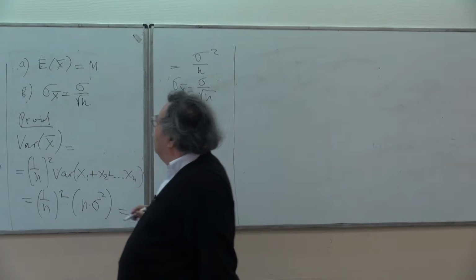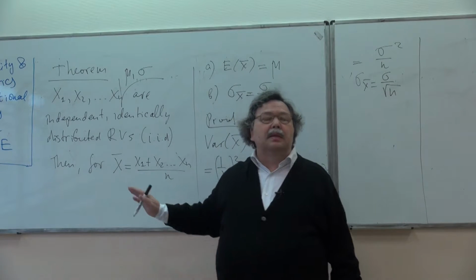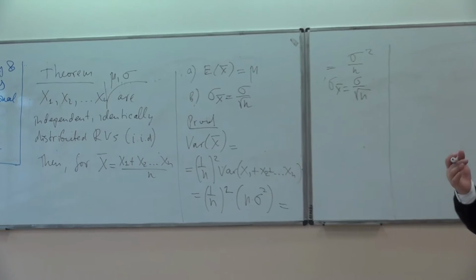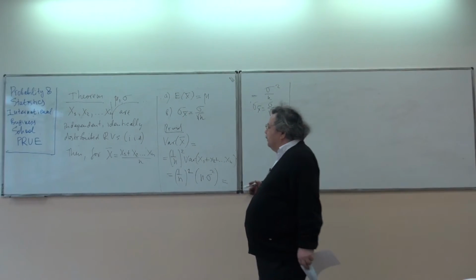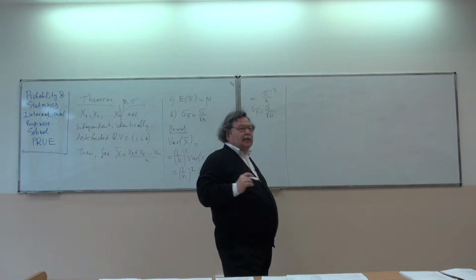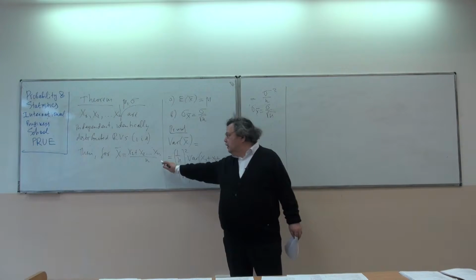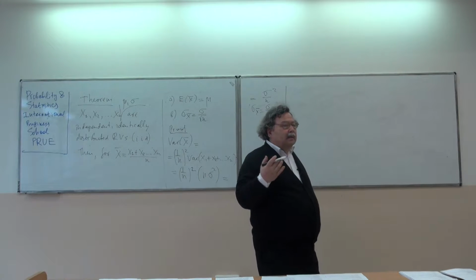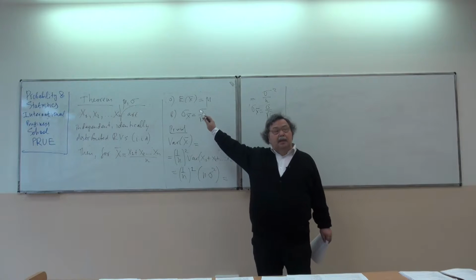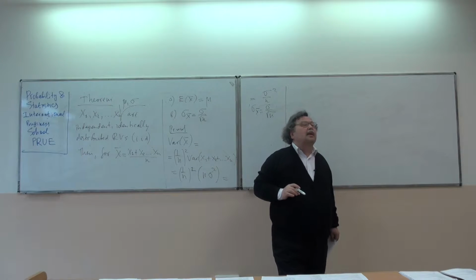Okay. Now, let's try to comment on this in simple words. Again, this is an all-important fact in probability and statistics. And the fact is this: if we have independent, identically distributed random variables, then the operation of taking the arithmetic average creates a random variable that has the same mean, and a standard deviation that is this many times smaller.